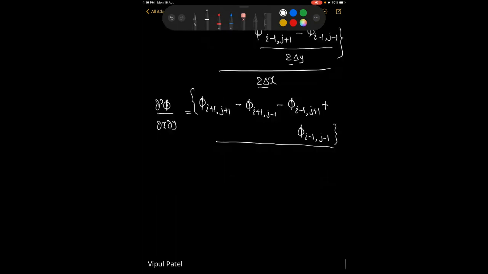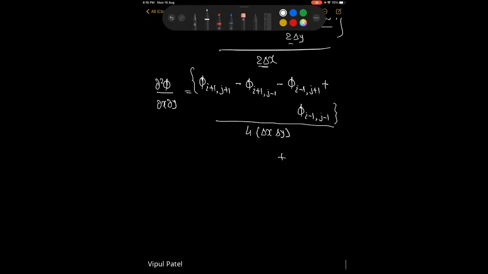So you will have 4 delta x delta y, and this expression has order of accuracy of delta x square delta y square, right? Why is it second order accurate? Because we have used central difference approximation, which itself is second order accurate. So this is the final formulation for del square phi by del x del y with central difference approximation and second order accurate.